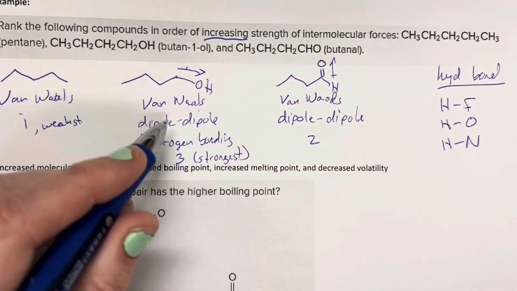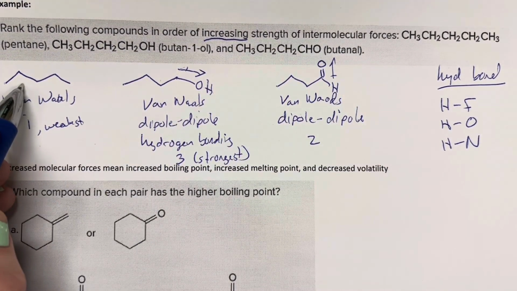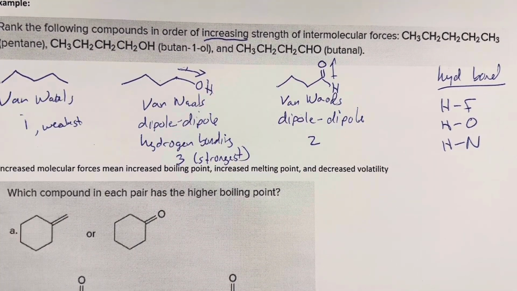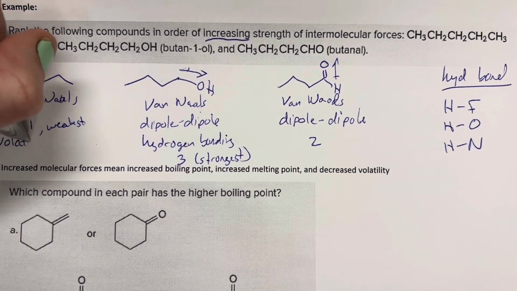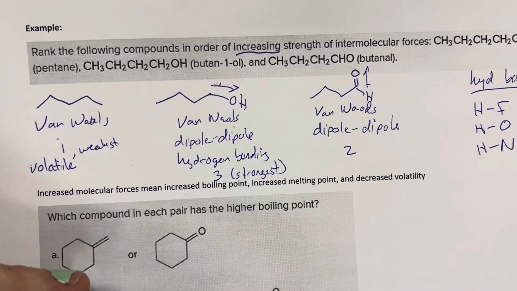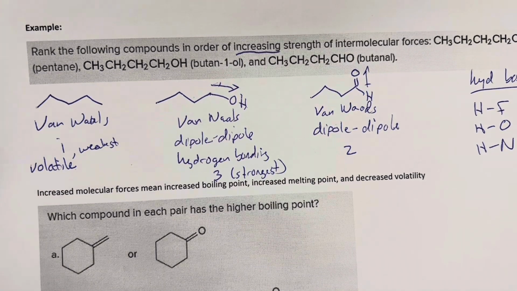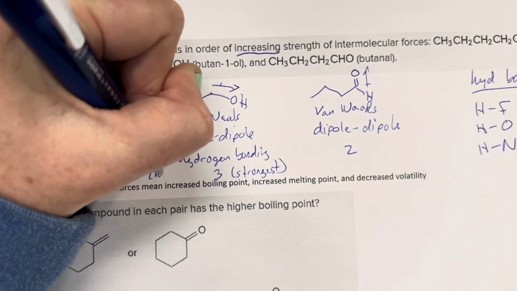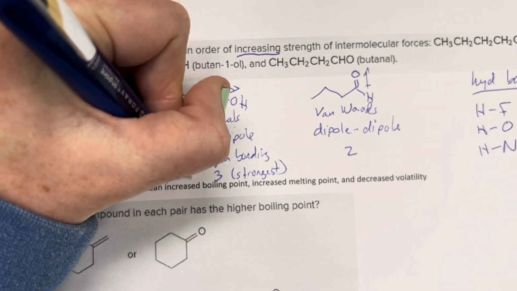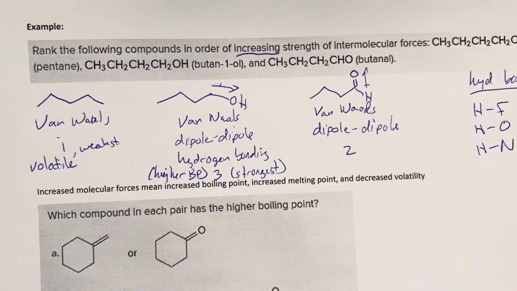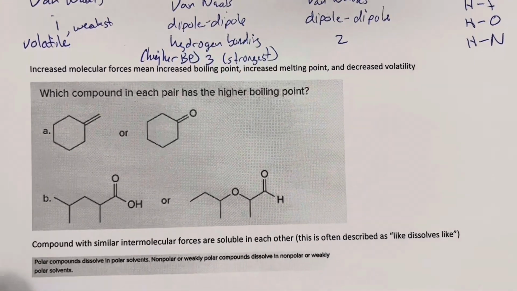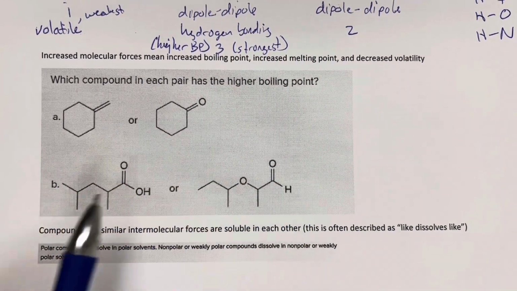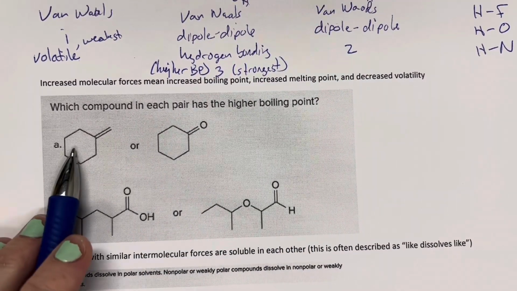So this one will have a much higher boiling point than this one. This will be way more volatile, meaning it will want to evaporate very quickly. So that's volatile, and this has a higher boiling point.